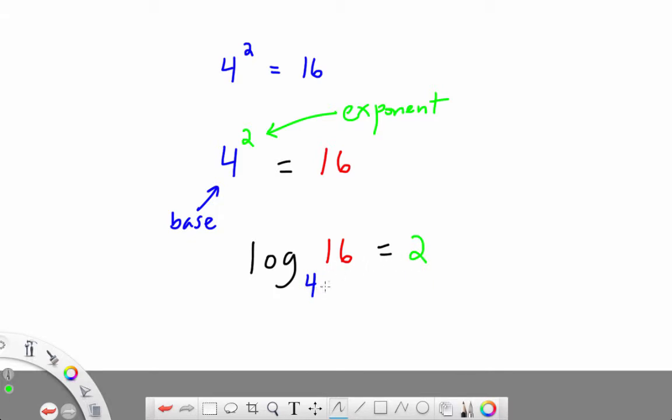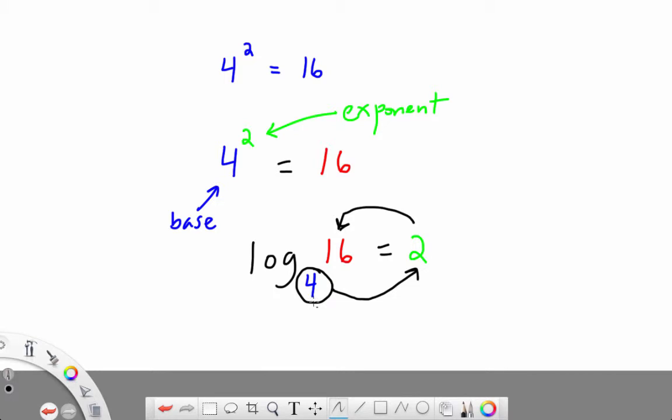So this equation really conveys the same information as this equation, but in a different way. So let's look at this again. We start here to convert between log and exponent form. We start at the base, we cross the equal sign, and then we come back.